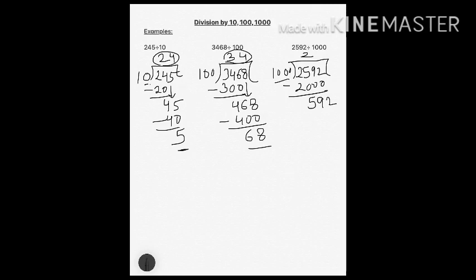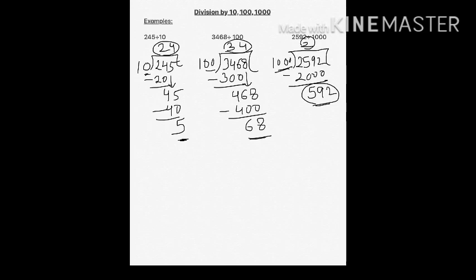When I divide by 1000, I get a 3-digit remainder, and the remaining becomes the quotient. So 10, 1-digit remainder; 100, 2-digit remainder; 1000, 3-digit remainder. Here we have observed and formulated a method of doing it directly. Let's try it out with the exercise.